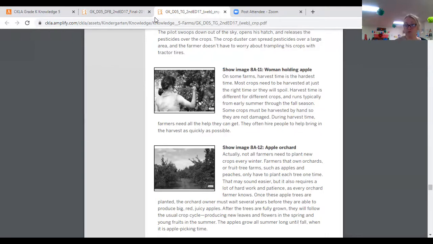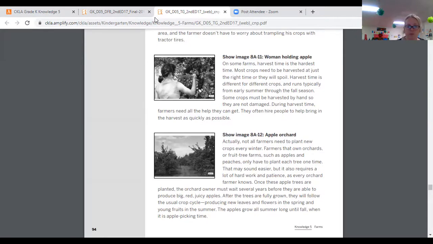A lot of times we'll say that it's in the early summer or in the fall, and some crops have to be harvested by hand so they are not damaged. During harvest time, farmers need all the help they can get, and they often hire people to help them bring in the harvest as quickly as possible. So if you ever hear of someone hiring for farm help, harvest help, that is something that is commonly done.